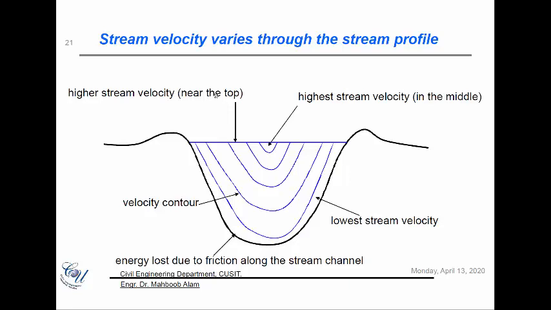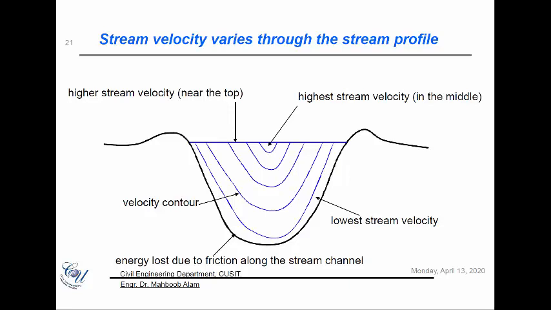As we said, we have to compute the average velocity. The reason is that velocity, and you would have observed it, doesn't remain the same throughout the cross-sectional area. There are areas where the velocity is higher, and there are areas where velocity is comparatively very low.